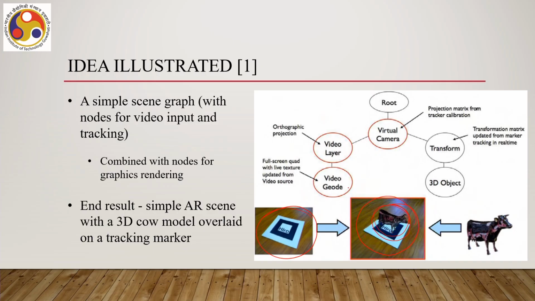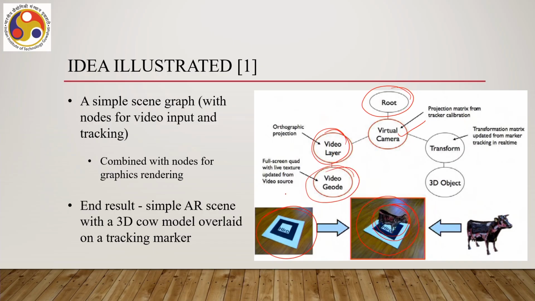The entire thing can be represented in the form of a node graph. So, you can have a root node, then virtual camera can be represented as a node, and we can work with parameters of the node. Projection, that is part of rendering, can be considered as another node which allows projection on the video layer.